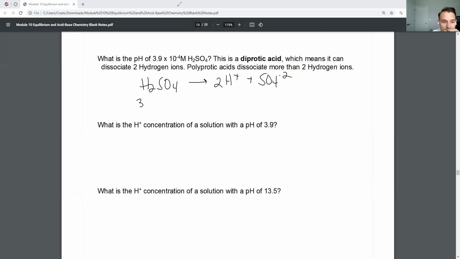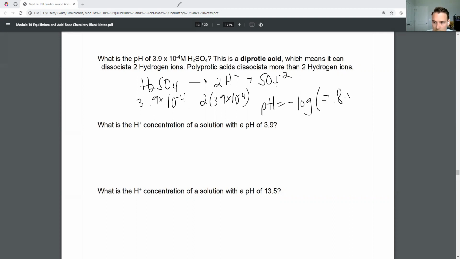Again, this is 3.9 times 10 to the negative fourth, so this is 2 times 3.9 times 10 to the negative fourth. So my pH is equal to the negative log of 7.8 times 10 to the negative fourth, which is 3.11.